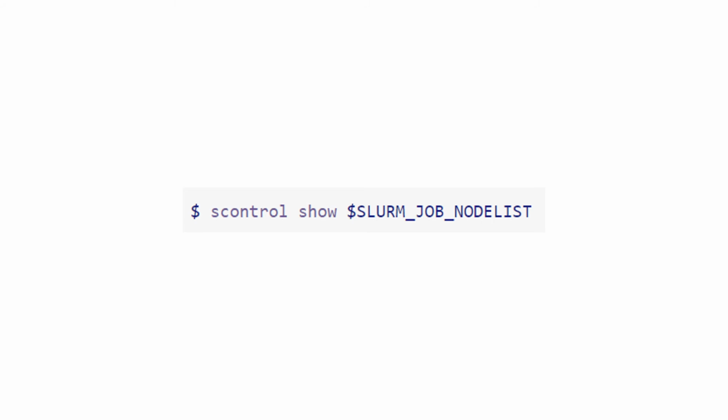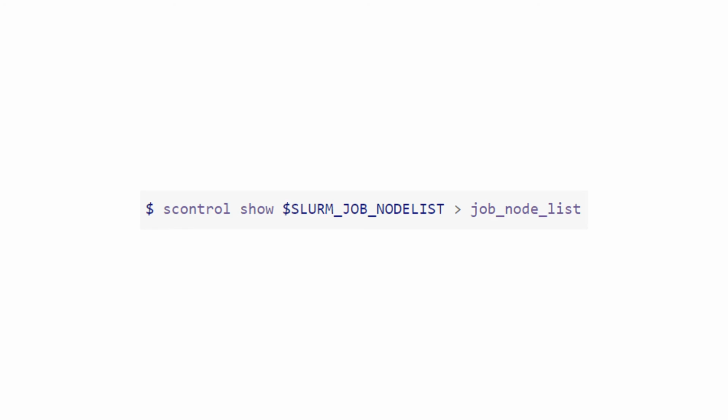In order to do that, we write this command: scontrol show SLURM_JOB_NODELIST, and then the greater than sign, then job_node_list. Now the file job_node_list will be created and will contain the list of all nodes for the allocation, one name per line.